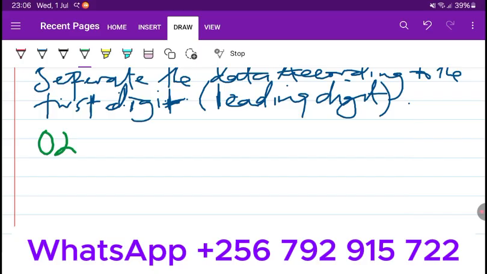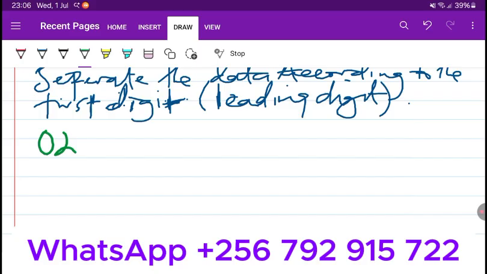Then we go to the numbers that have a leading value of 1, because now we are counting in ascending order, taking whole numbers. When you move from 0, the next is 1, 2, 3, 4, 5, 6, 7, 8, 9, then you go to 10, 11. Those are the leading values.